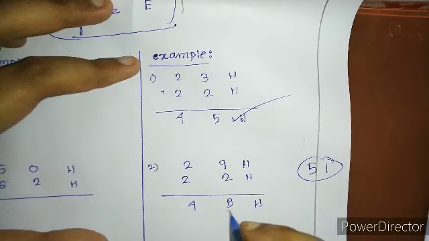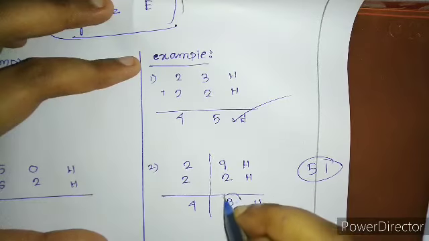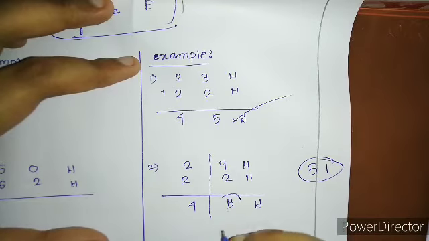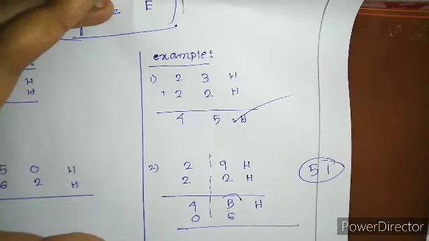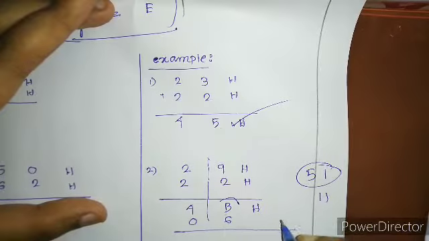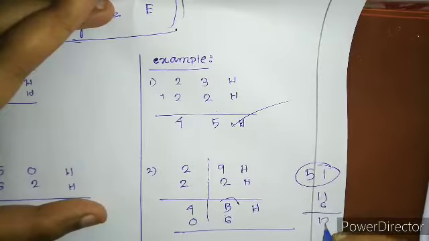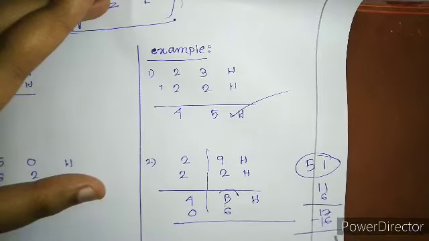Because there is a character. So what do you have to do? First check: is the lower nibble greater than 9? Yes. Add 06. B plus 6: B is 11, plus 6 is 17. In hexadecimal, you subtract 16 from this and it will be 1.